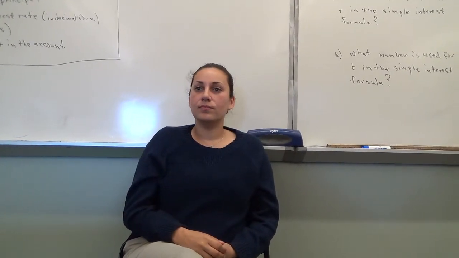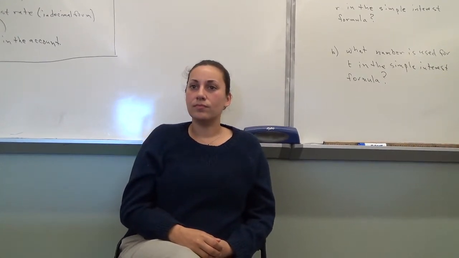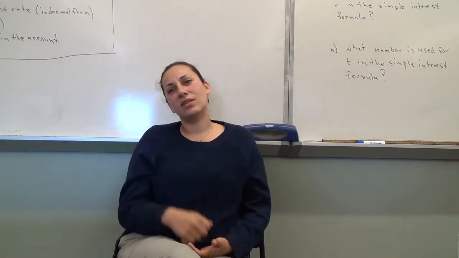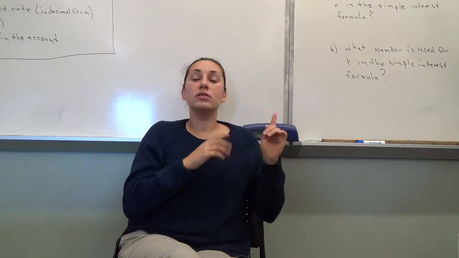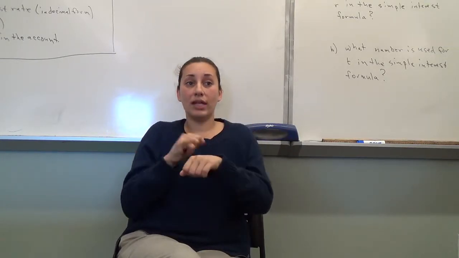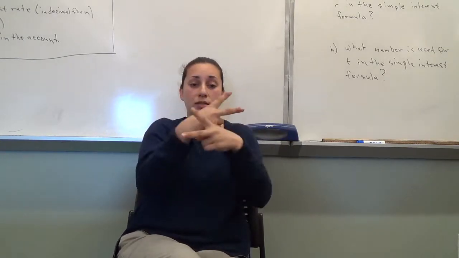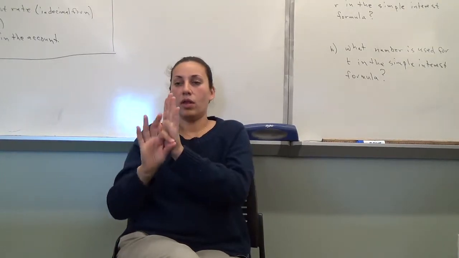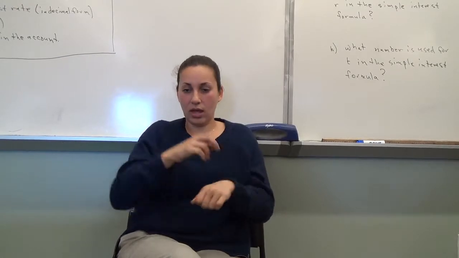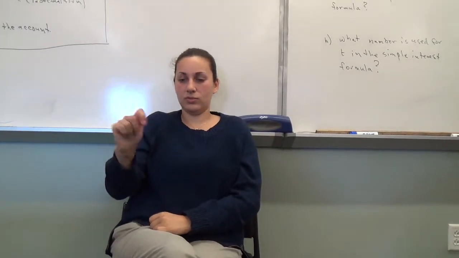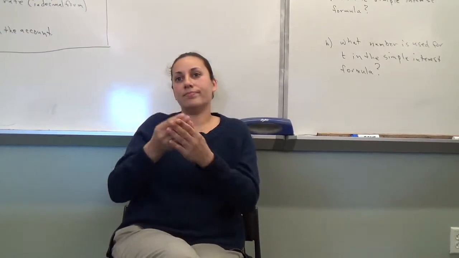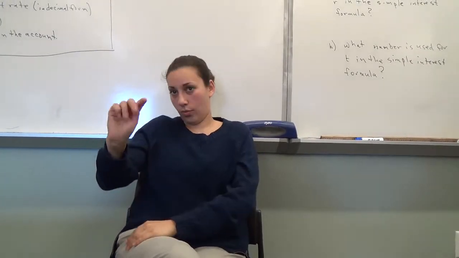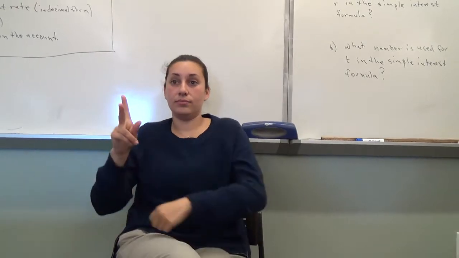And I put a couple things on the board. What we talked about yesterday was the simple interest formula, which is over here. The simple interest is the principal times the rate times the time, which gives you a formula of I stands for interest, PRT is principal times rate times time. And the total amount in the account at any time is the principal, which is what you put in to start with, plus the interest.